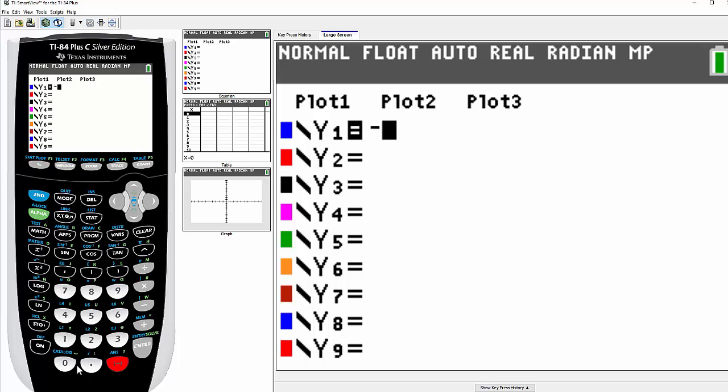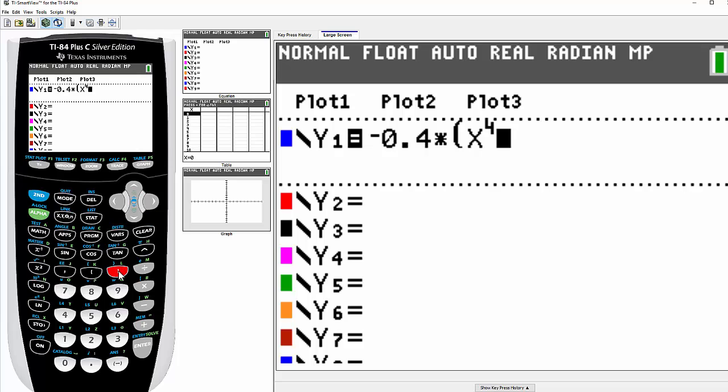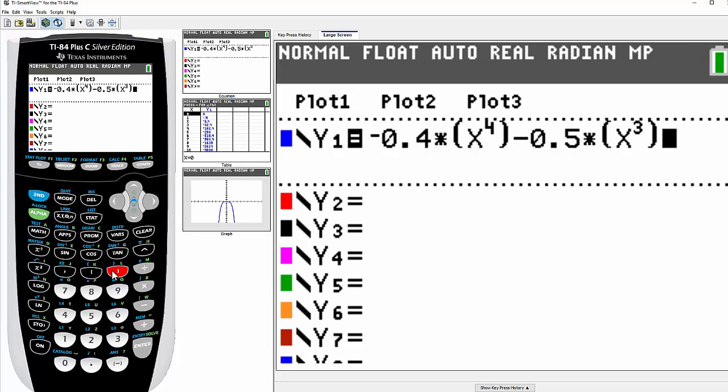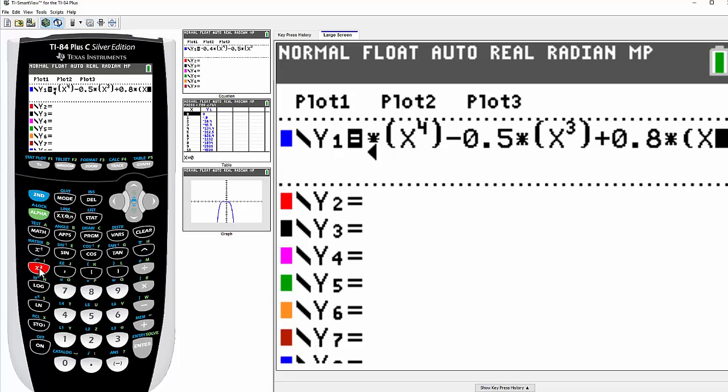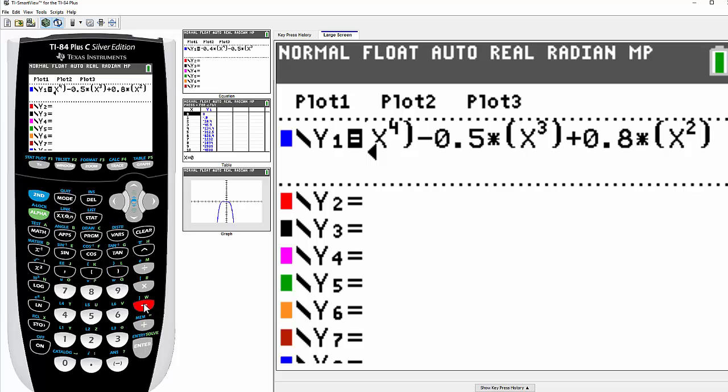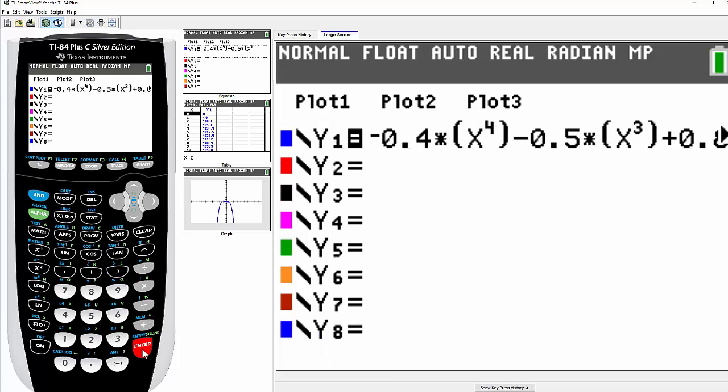We have minus 0.4 times x to the 4th power minus 0.5 times x cubed plus 0.8x squared minus 2. So now the function is keyed in.